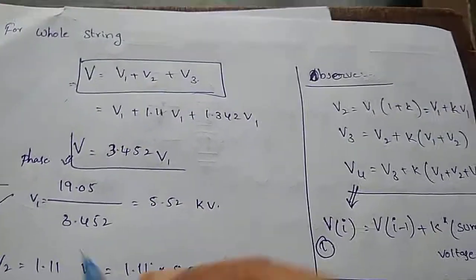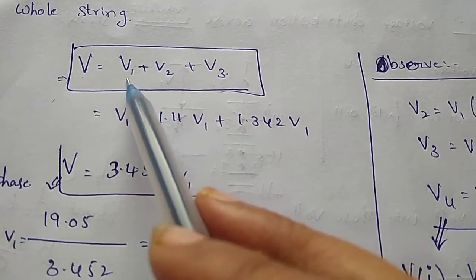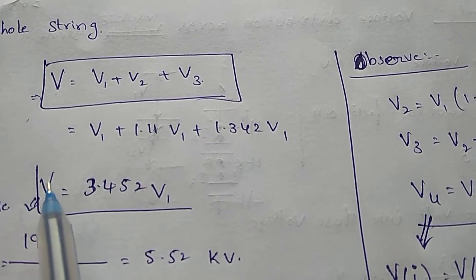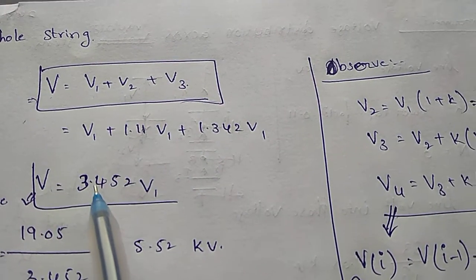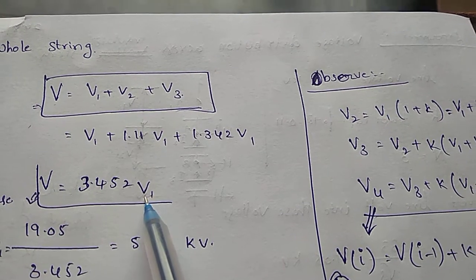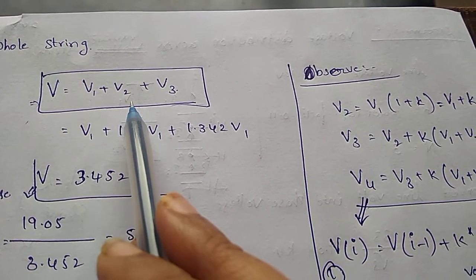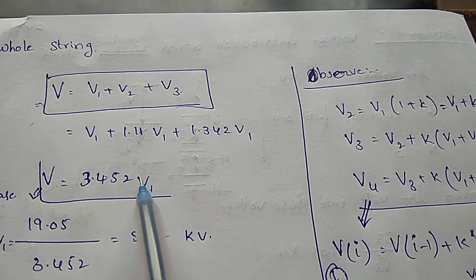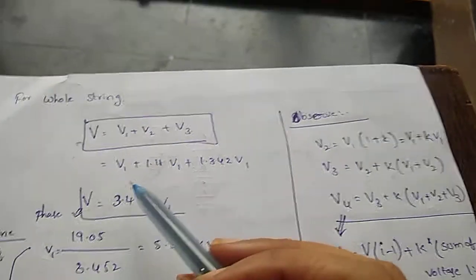So I am equating V equals V1 plus V2 plus V3, and I get the capital V value in terms of V1, because we already took V2 and V3 in terms of V1.